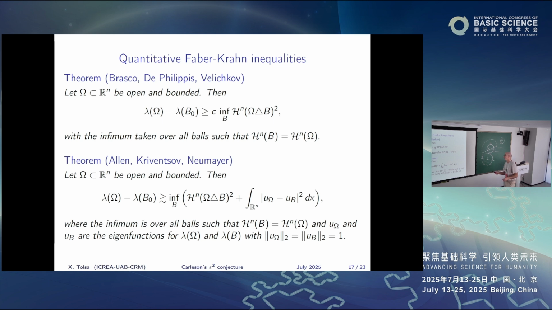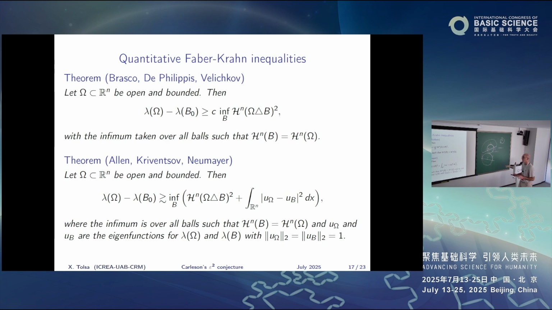Then other people that later did something else is this one here, Allen-Cribens of Neumayer. They showed essentially the same, but they put here an extra term. And the extra term they put is the integral of u omega minus u_B, all squared.